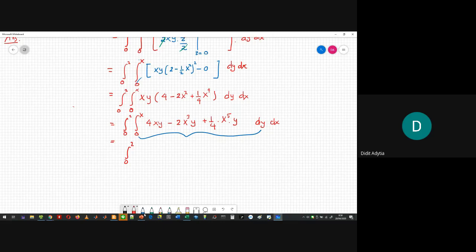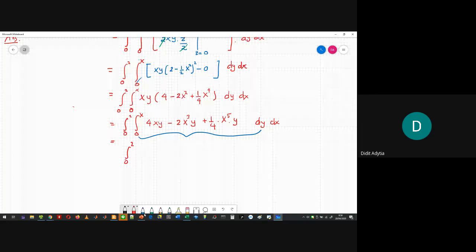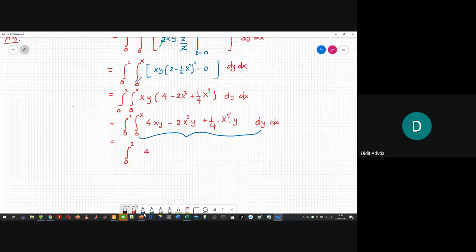Okay, and this is from 0 to 2, and this one is, okay, integrate with respect to y. Berarti for x, saya pakai warna lain. I'll use another color. For x and then y square over 2. Terhadap y ya.